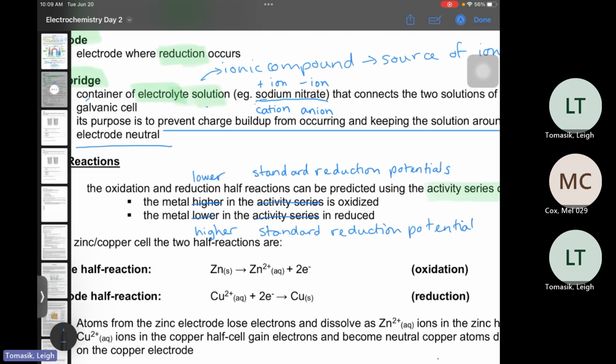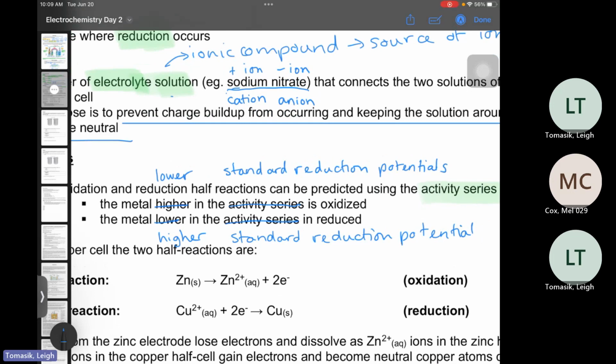Okay, so normally they give you two. If you took a course like this, they would give you the activity series and the standard reduction potentials, but we don't need that, right? So we're going to use the standard reduction potentials, and the anode is always going to be the lower one, and the cathode is always going to be the higher one.